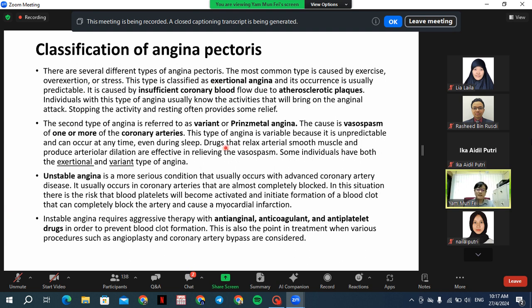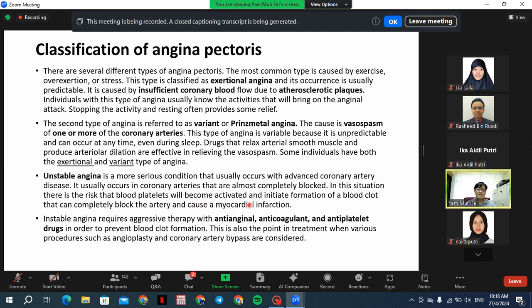Once you have an episode of chest pain, you need to be careful. You can do treatments, you can do preventions. Later we're going to discuss, don't worry. Unstable angina means that a more serious condition has happened, which is an advanced stage of coronary artery disease. Infarction occurs, and then the patient might have myocardial infarction.